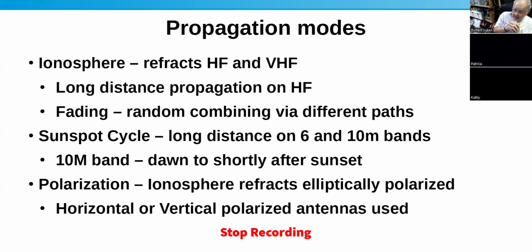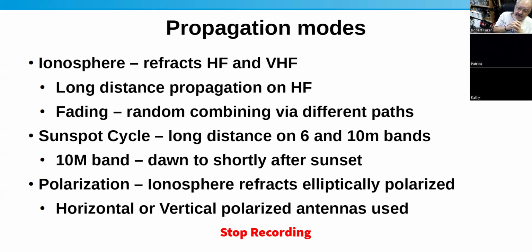And in the 10 meter band, which is a technician band, you can operate on phone in a sub part of that band. And between dawn and a little bit after sunset, it opens up pretty good. And here a while back, it was really good. It varies depending on the current sunspot cycle.